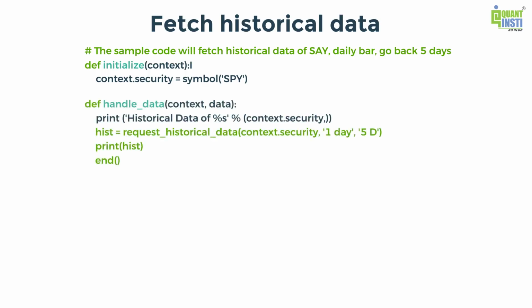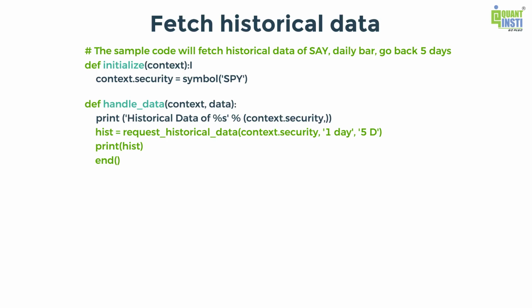And then I put things in handle data: first print, and then use the IbridgePy function called request historical data. I say I want SPY, I want the daily bar, I want to go back 5 days.